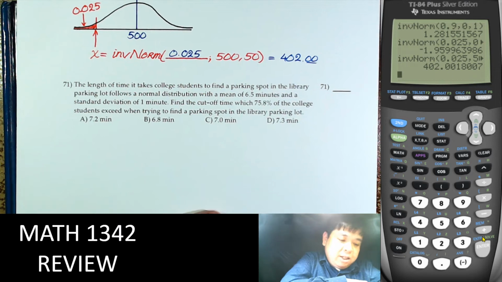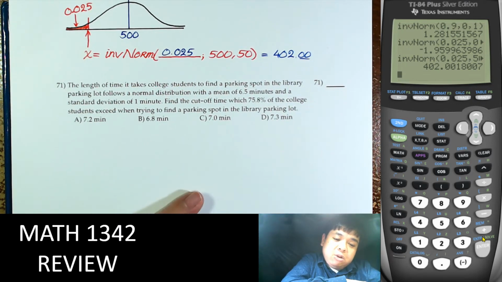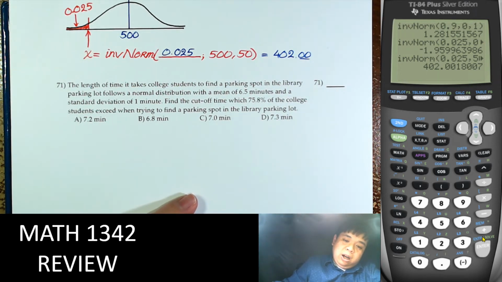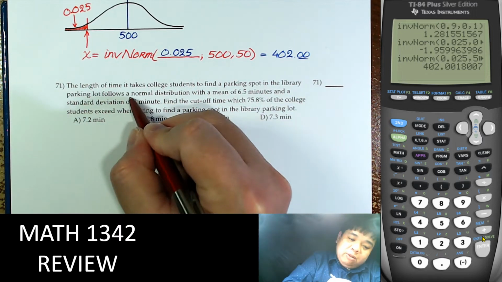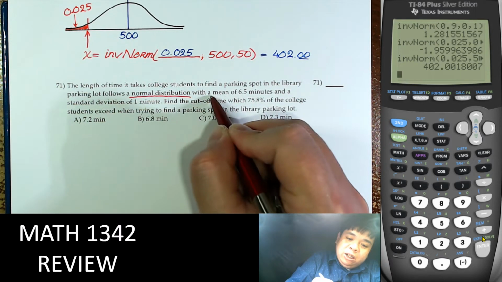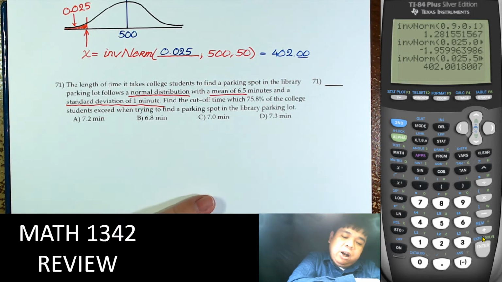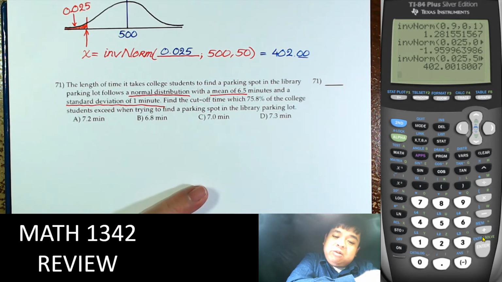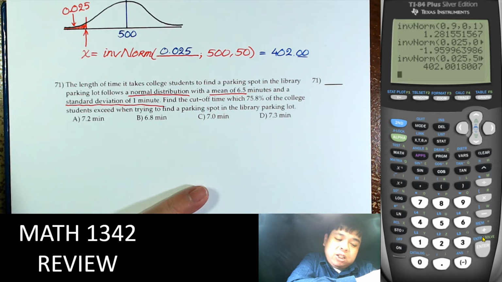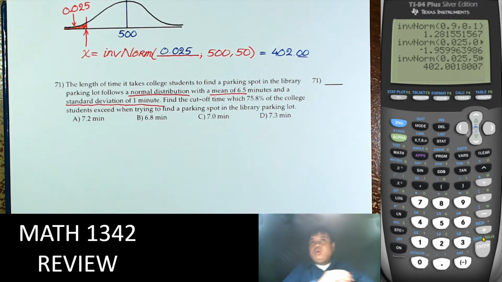Right, next, the length of time it takes for a student to find a parking spot. Okay, all the good stuff is here, the normal distribution, mean, and standard deviation. Find the cutoff at which 75.8% of current students exit when trying to find a parking spot. Usually when the problem involves time, we have to think a little bit carefully, because in terms of time, faster will be smaller.